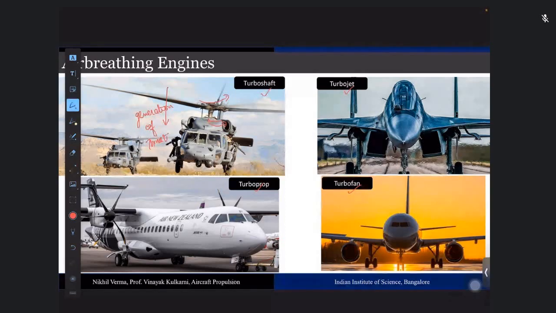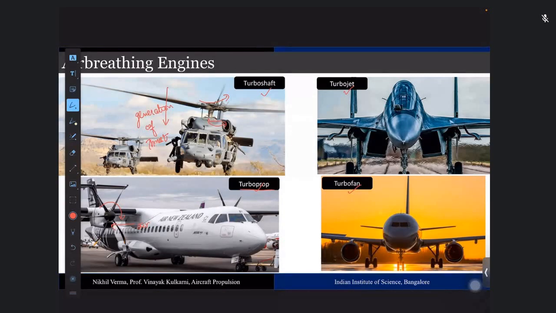There is an engine very similar to this turboshaft engine, known as the turboprop engine, where the energy comes from a propeller, and this uses air through this port.